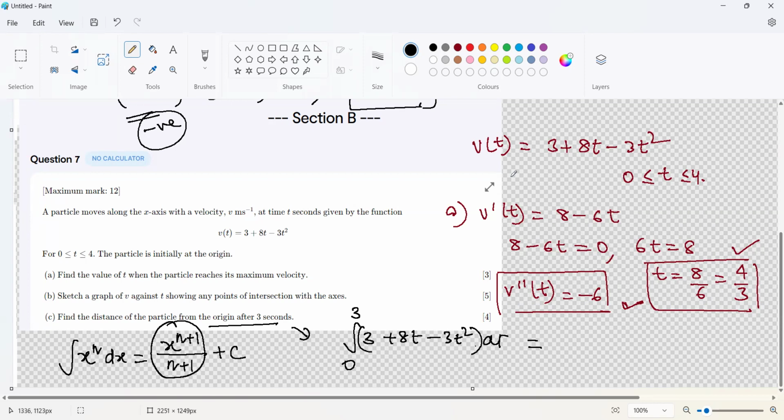The integration of 3 would be 3t, 8t would be 8t square upon 2, minus 3t square would be 3t cube upon 3.